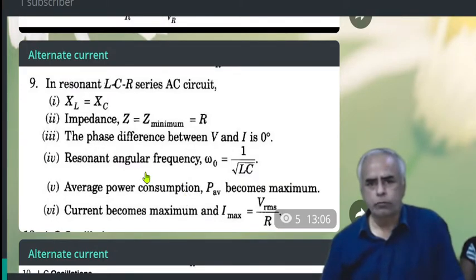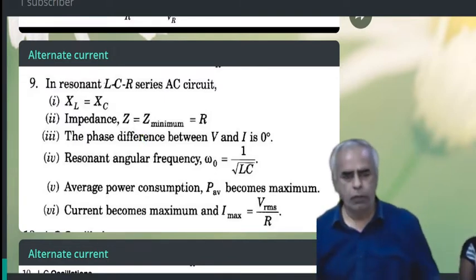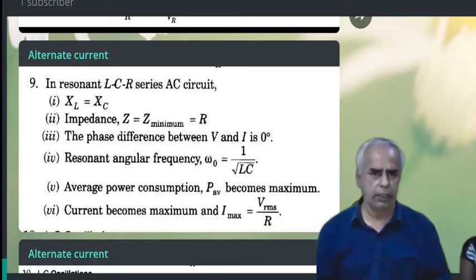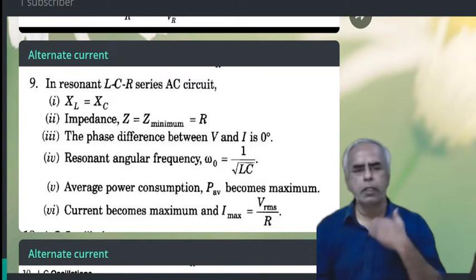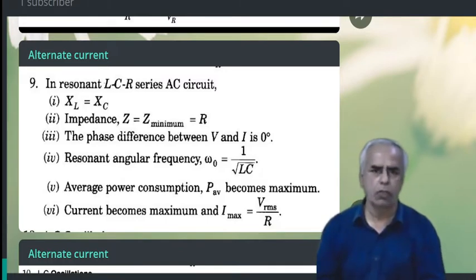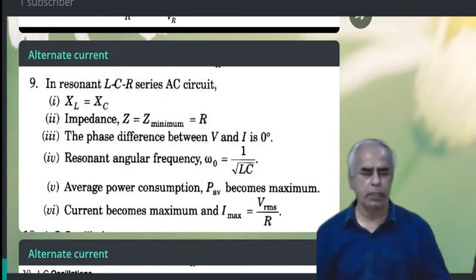Here, the same in resonance: in a resonant LCR AC circuit, when XL is equal to XC, resonance arises. So here impedance Z is equal to R. Do you know why? Because XL equal to XC means XL minus XC becomes 0.